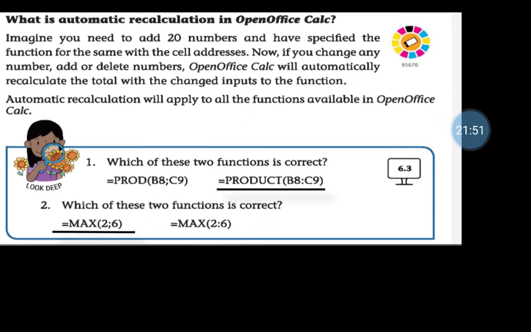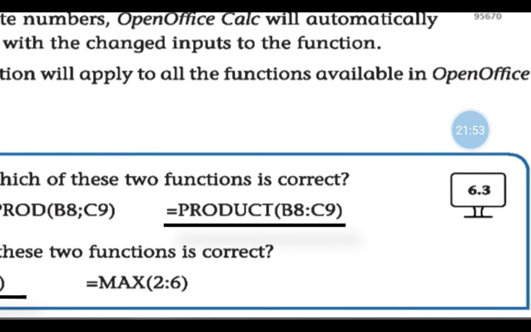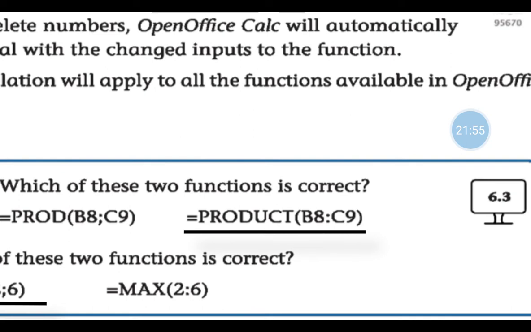So here you have to just make the underline, because this is the correct formula. I have done the underline here, so you have to do the same underline. This is the wrong formula, because they have used this semicolon.